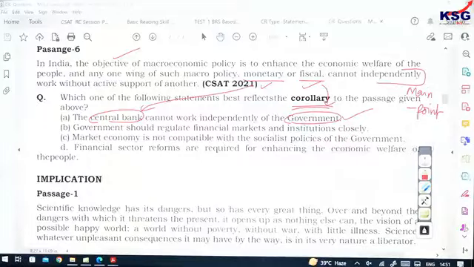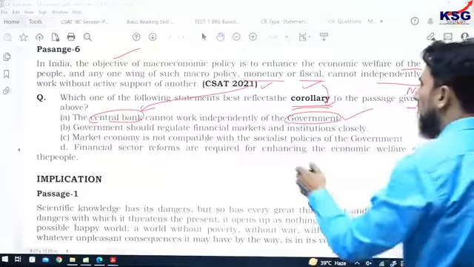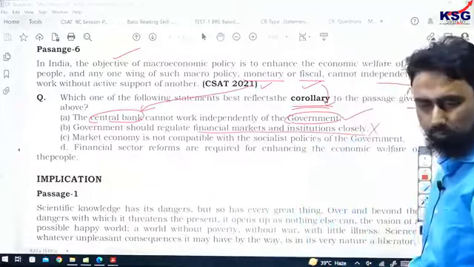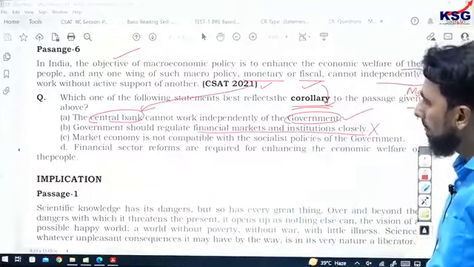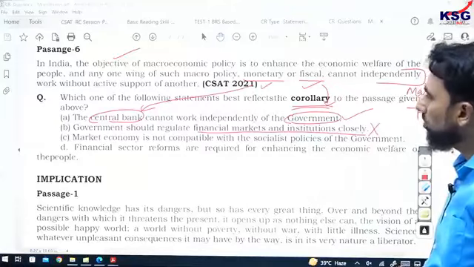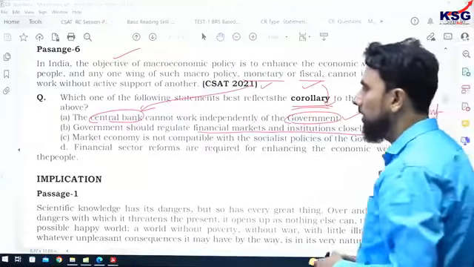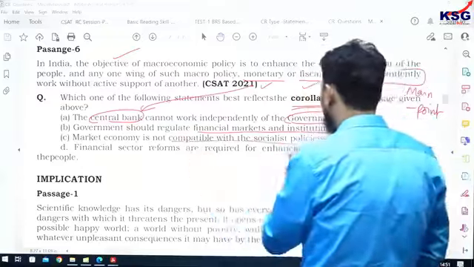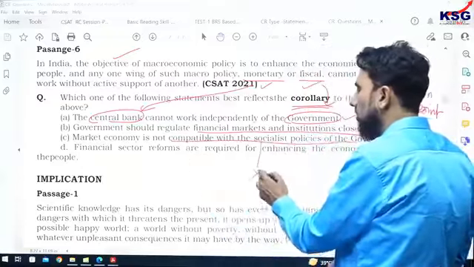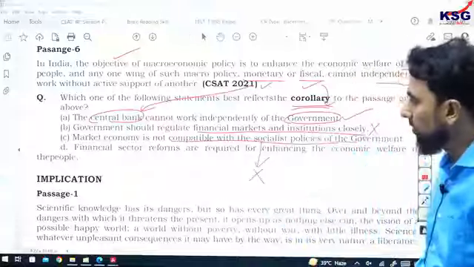If you go for option B, it says government should regulate financial markets and institutions closely. It is not the main point, because here nothing is mentioned about the monetary. Option C: market economy is not compatible with the socialist policies of the government. Nothing has been mentioned about socialist policies, so it is not based on the main point.